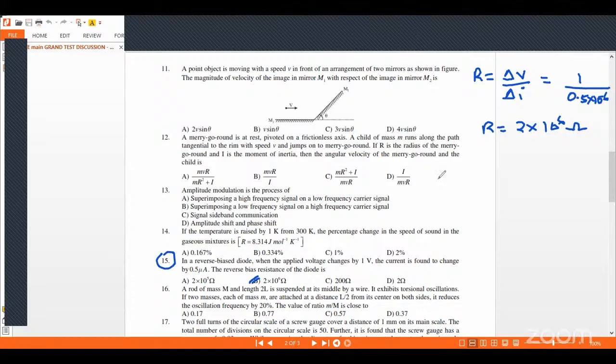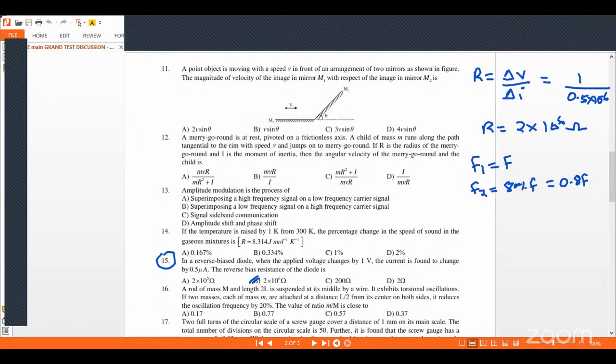Suppose the initial frequency is F and it is reduced by 20%, so 80% of F remains. That is 0.8 F.